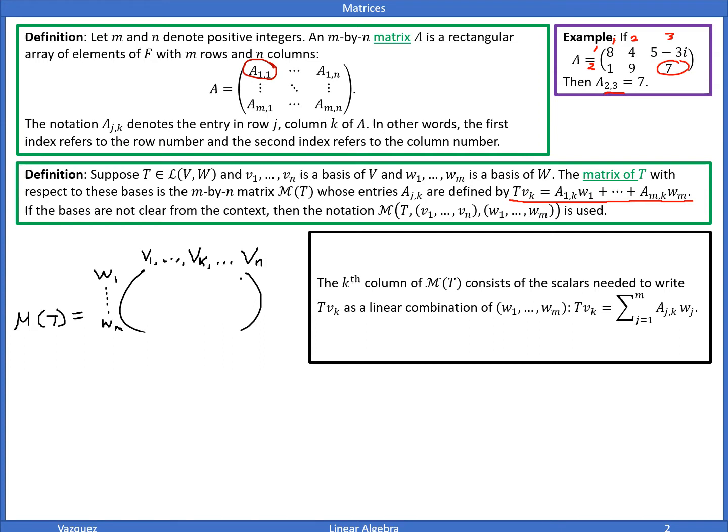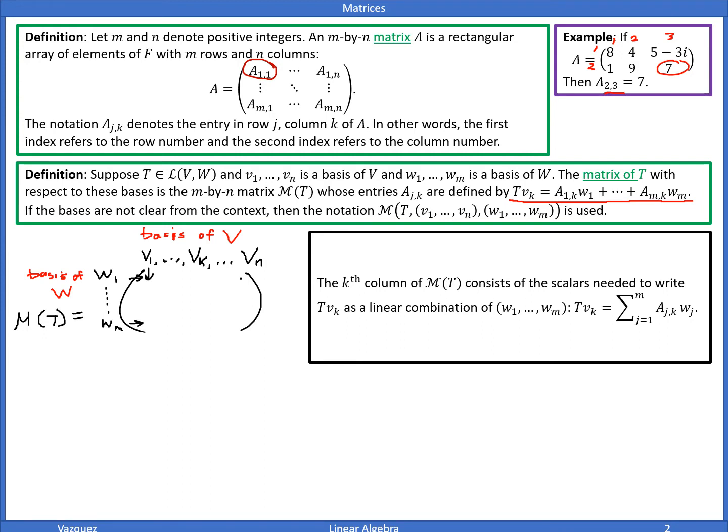So up here we have the basis of V, and over here we have the basis of W. I lined up the basis vectors on the top to represent the basis of V, and each vector corresponds to a column. So v_1 is the first column, v_k is the kth column, v_n is the last column, which is n. Similarly with the w's, these are the rows: first row, the mth row, and everything in between.